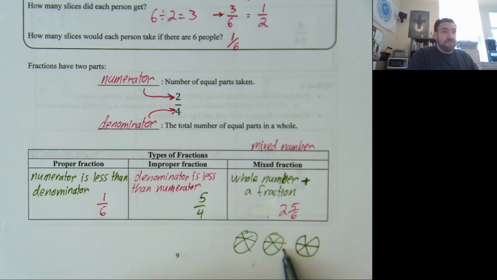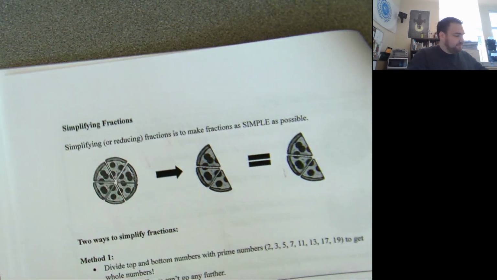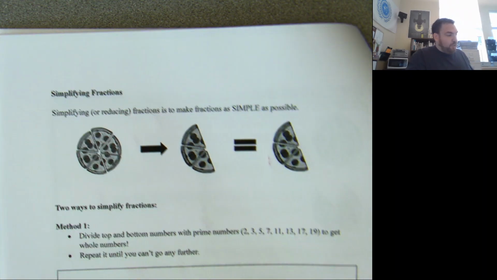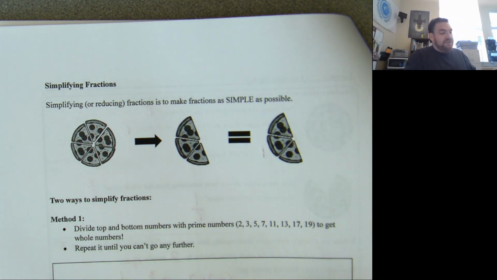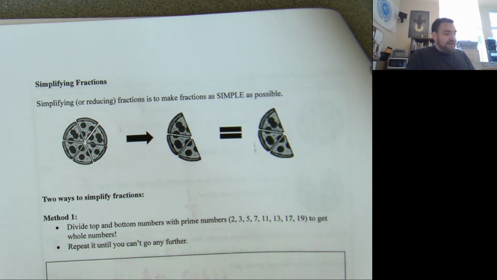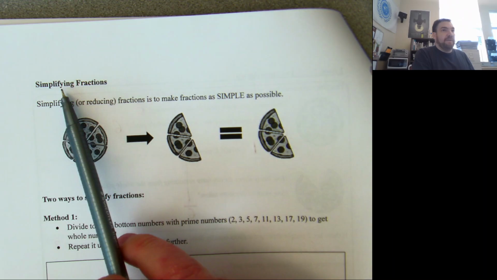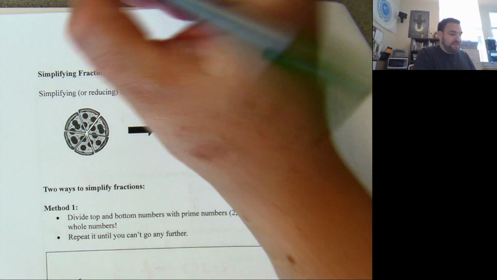The 2 wholes, and then 5/6. That is a mixed number. Cool? Thank you for the example. It was correct. So when we're working with fractions, we always want to make sure that our fractions are simplified. We want them as simple as possible.